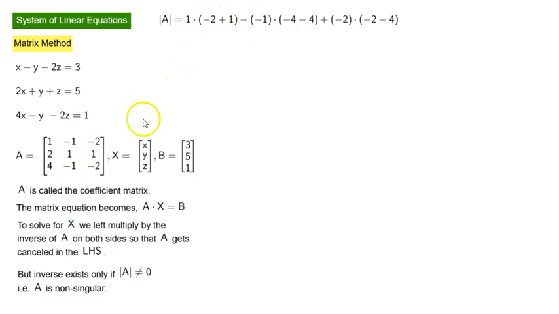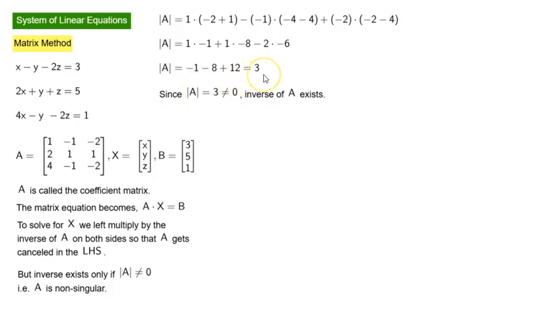So minus 2 plus 1, minus 1 times minus 4, plus minus 2 times minus 2 minus 4. And if we start simplifying it, we end up with 3 as the determinant of A. Now, since determinant of A is equal to 3, which is not equal to 0, inverse of A exists. That means we can solve this equation.